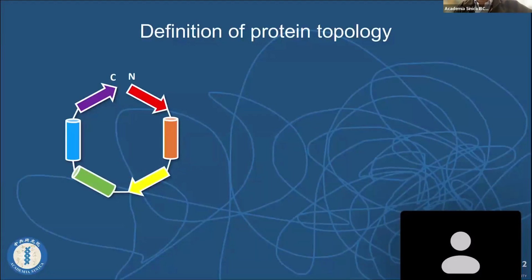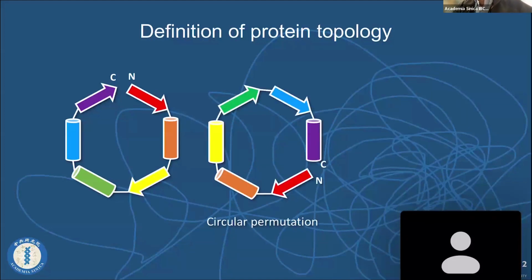So coming back to the definition of protein topology, which is basically the sequential order of secondary structures. As I highlighted here, you start from the red beta strand and end up in the purple beta strand. We can make a circular permutant by protein engineering. So we close the original N and C termini and introduce a new opening.